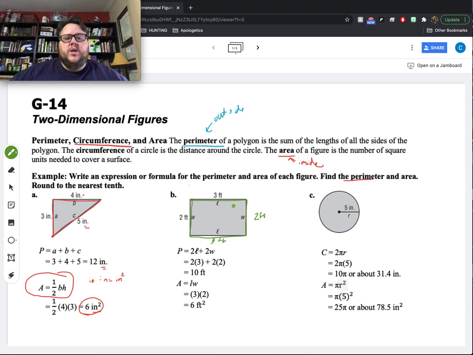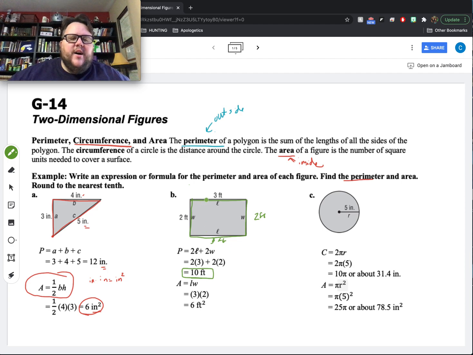Another way I could do it is 2 times the length, which is 3, plus 2 times the width, which is 2. So 2 times 3 is 6, 2 times 2 is 4, 6 plus 4 is 10. Or I could just say 2 plus 3 is 5, plus 2 is 7, plus 3 is 10. Either way I get it.